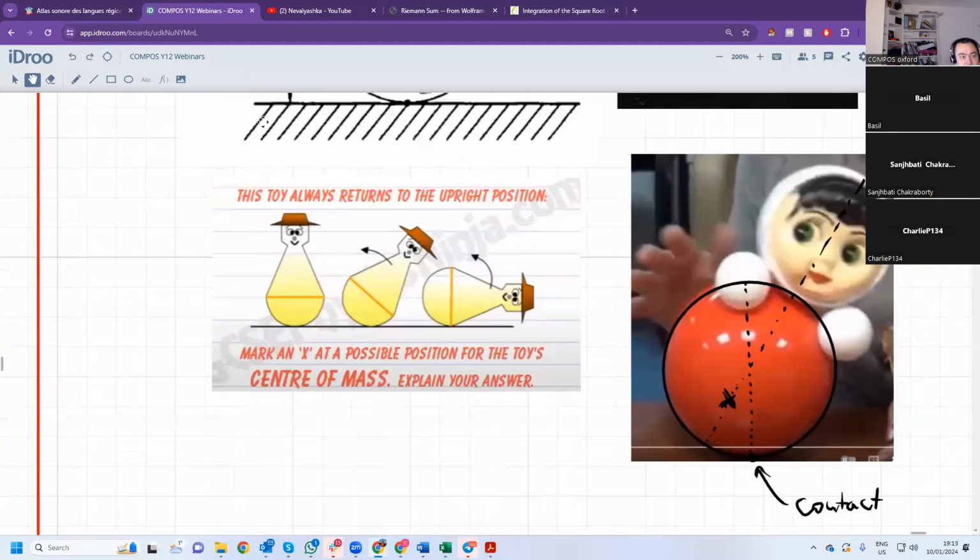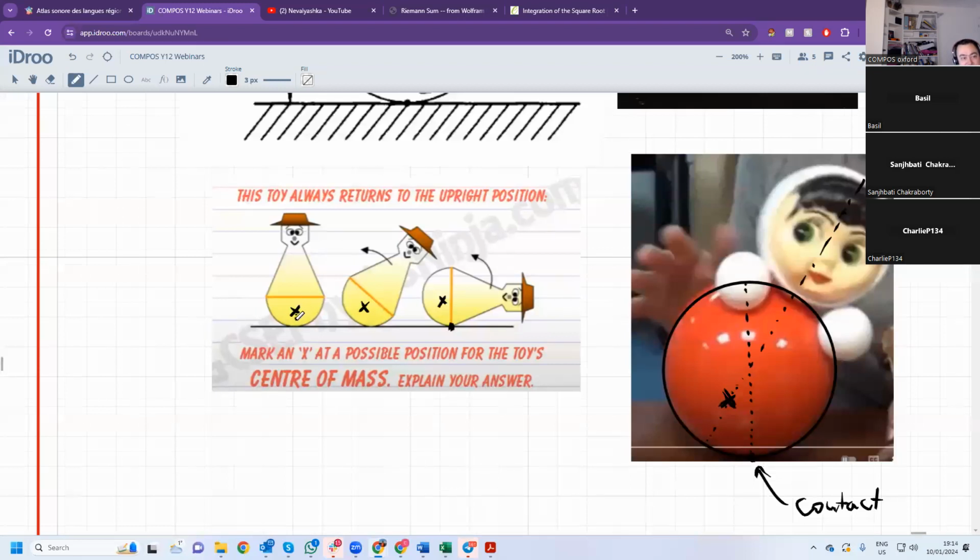So this is a diagram. Mark an X at the possible position for the toy center of mass. From this position, the toy comes back to standing, so it has to be somewhere here.